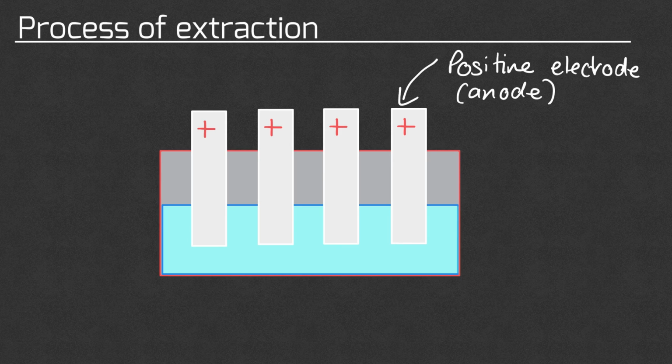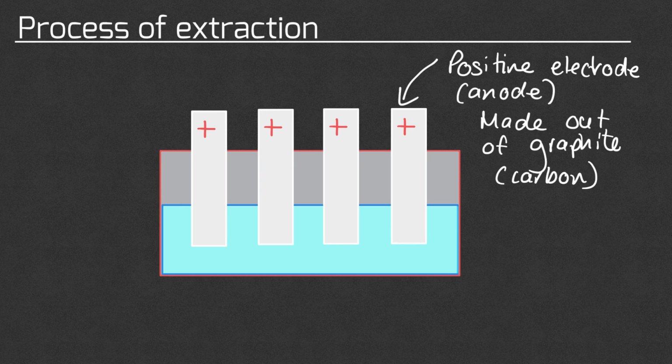The first thing to note is that we have lots of positive electrodes. We'll come to where the negative electrodes are in a second. So unlike the small-scale electrolysis we've looked at so far, the electrolysis of aluminium takes place in a very large reaction vessel. The electrodes are made out of graphite, which is just a form of carbon. That's important for later on.